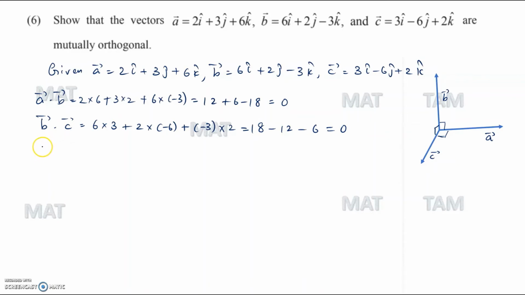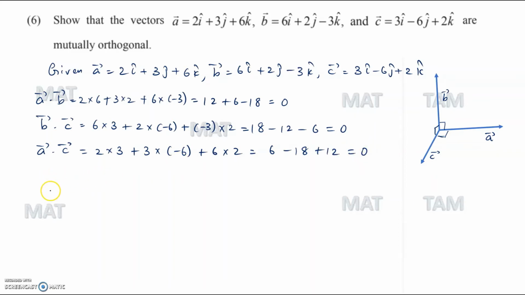And let's find the last, which is vector A dot product with vector C. That would be 2 times 3 plus 3 times minus 6 plus 6 times 2, and that's equal to 6 minus 18 plus 12, which is also equal to 0.